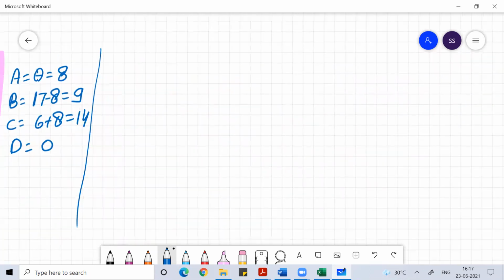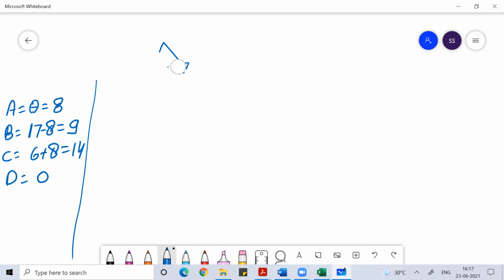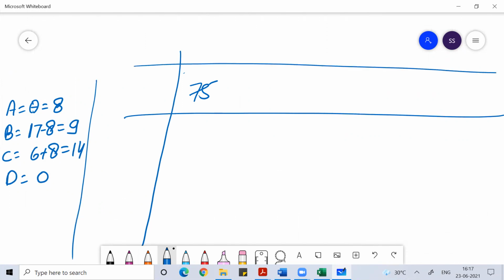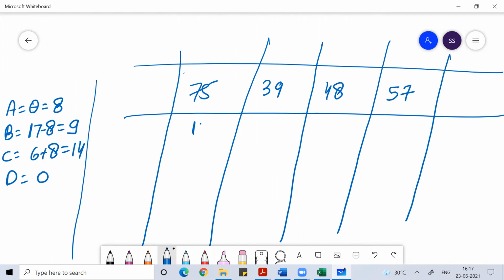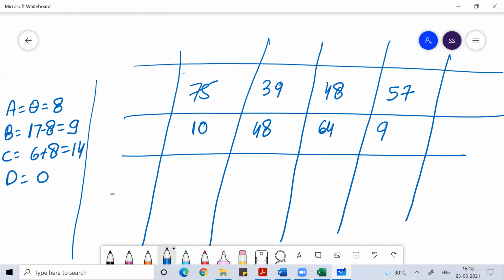So let me just write down the values: 75, then 39, then 48, then 57, then 10, then 48, then 64, then 9, then 0, then 50, then 24, then 30.